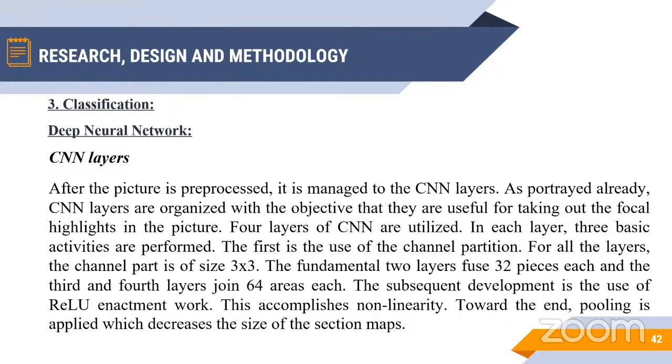The first is to use the channel partition. For all the layers, the channel part is of the size 3 by 3. The fundamental 2 layers are there for the 32 and 64 pieces each. And this accomplishes non-linearity towards the end, and pooling is applied with the decreased size of the section maps.